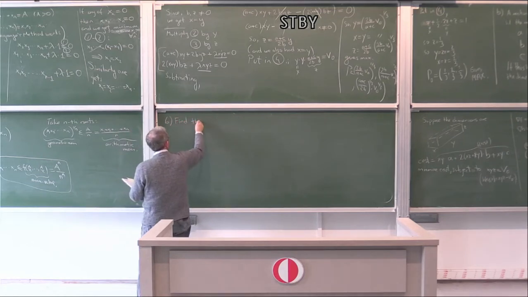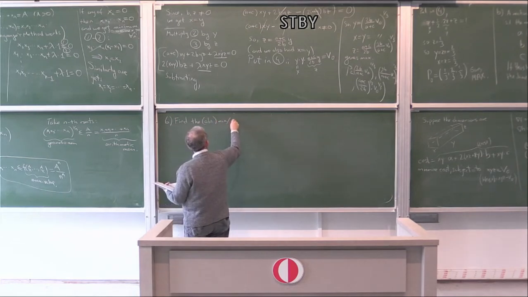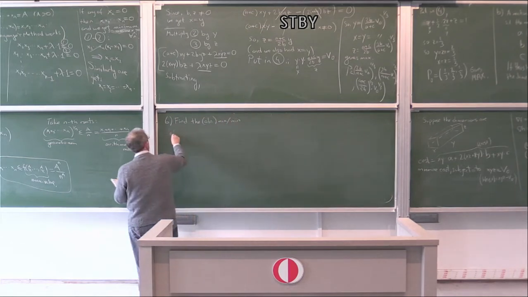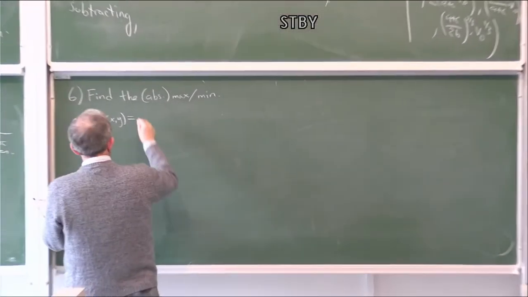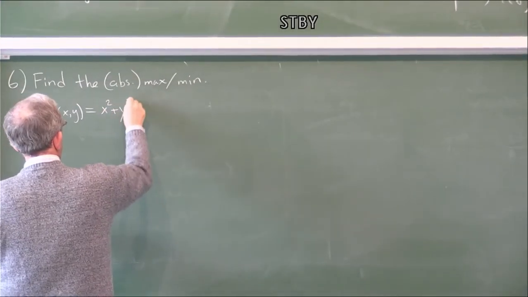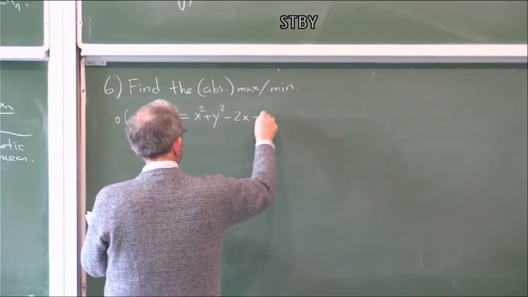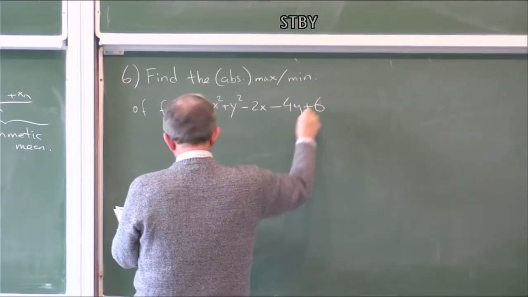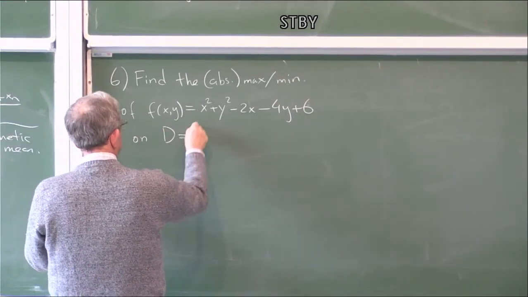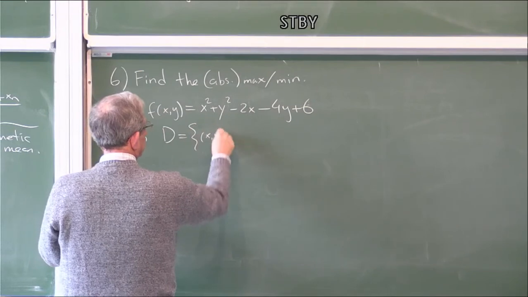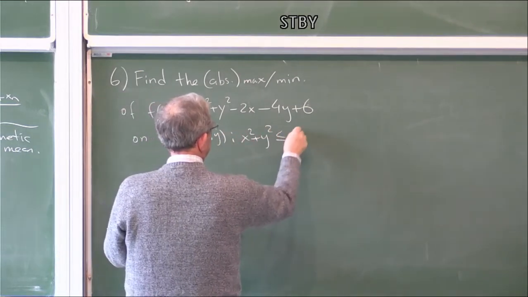Find the absolute maximum and minimum of the function x squared plus y squared minus 2x minus 4y plus 6 on the set of xy's so that x squared plus y squared is less than or equal to 9.